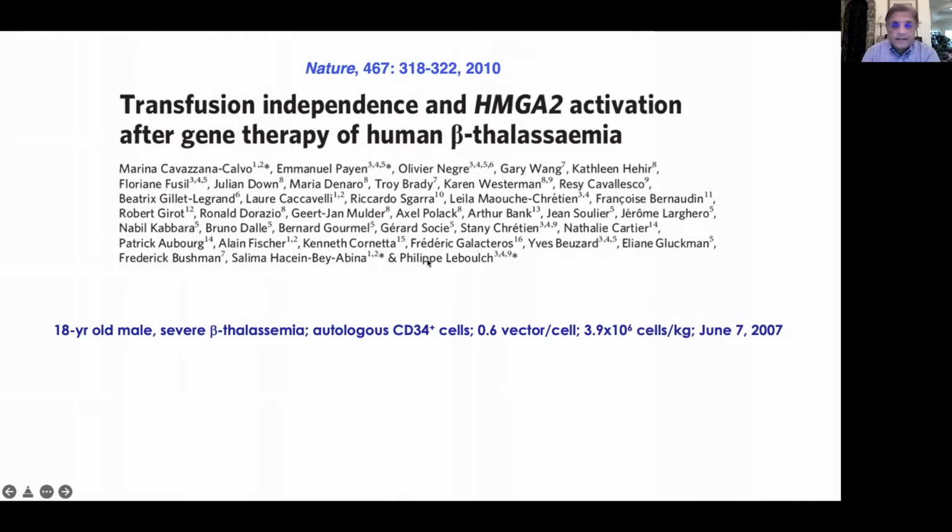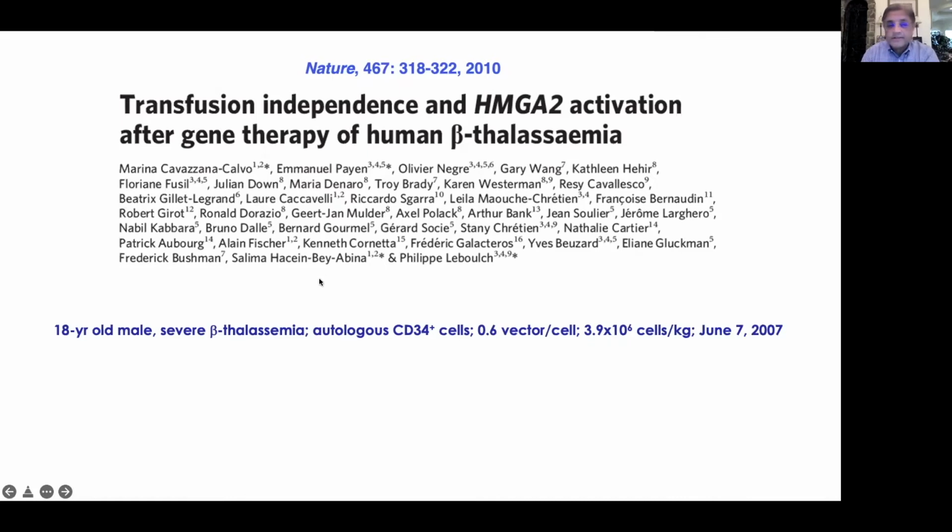And this trial was done by Philippe Leboulch in Paris. They showed that this 18-year-old male patient who had severe beta thalassemia, who was given his bone marrow transplant in 2007, actually became transfusion independent.